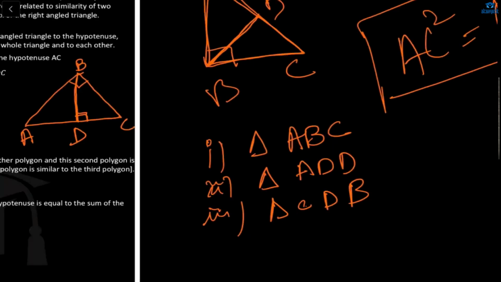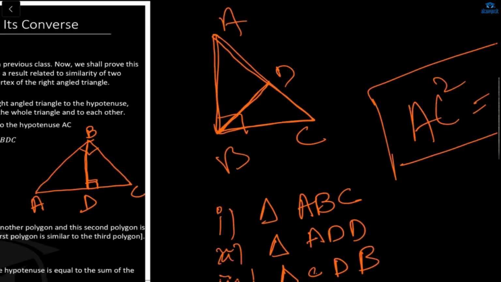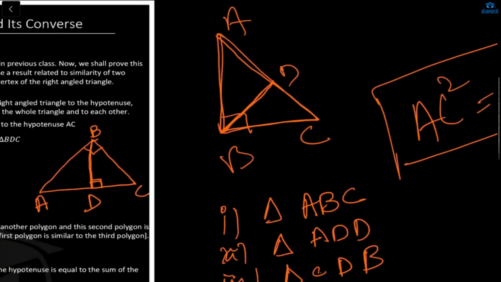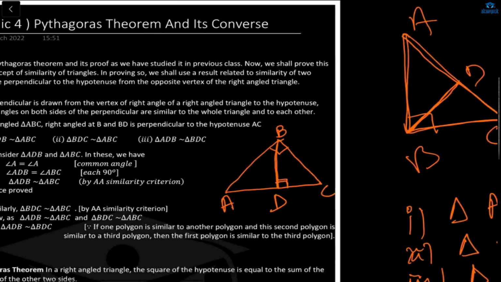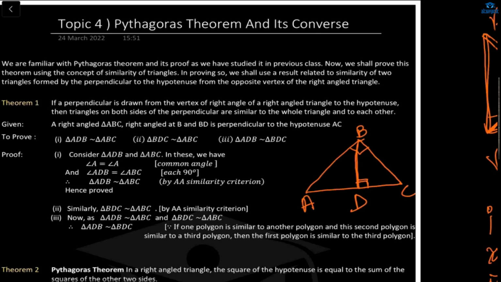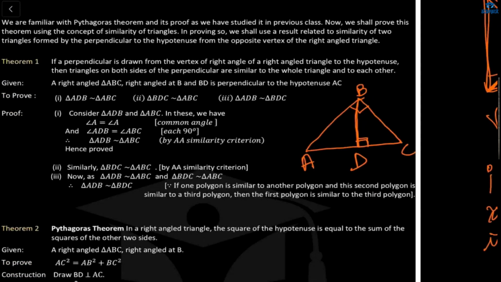Now we have to prove that the 2 smaller triangles are similar to the bigger triangle, and that the 2 smaller triangles are similar to each other also. Let's see. Here you can see triangle ADB. 3 conditions are here. Triangle ADB is similar to triangle ABC, one smaller triangle is similar to the bigger one, another BDC is similar to triangle ABC, and third, both the smaller ones are similar to each other.